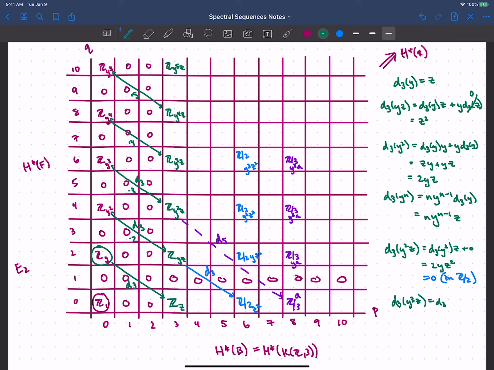So we'll get D3 of y cubed times z plus 0. And so that's just going to be 3y squared z, but then we multiply by z again, so we get 3y squared z squared. And 3 is equal to 1 in this Z mod 2. So in fact, we do have a D3 differential here, and it's surjective.